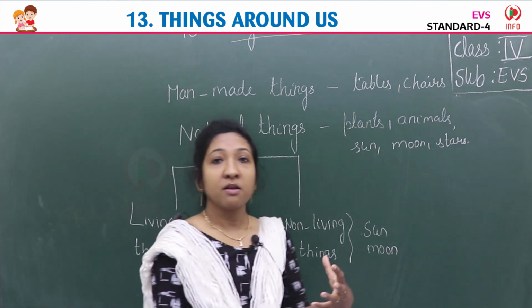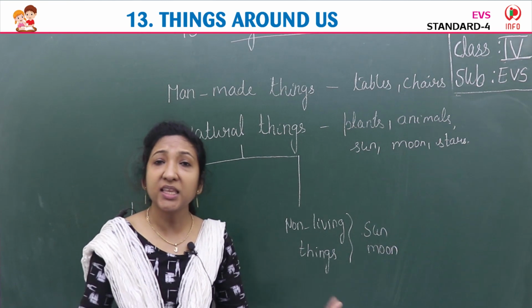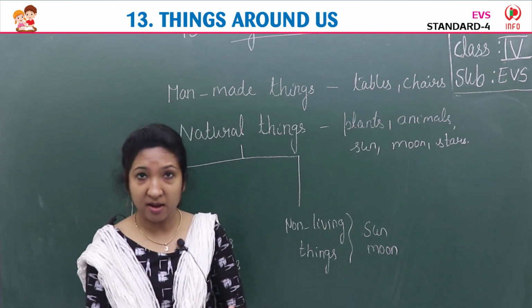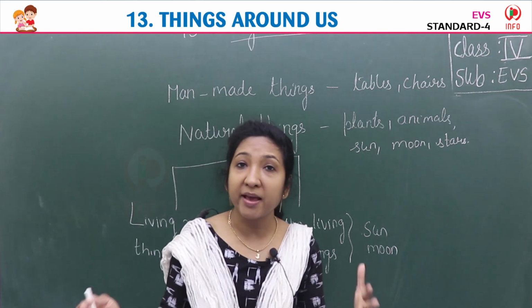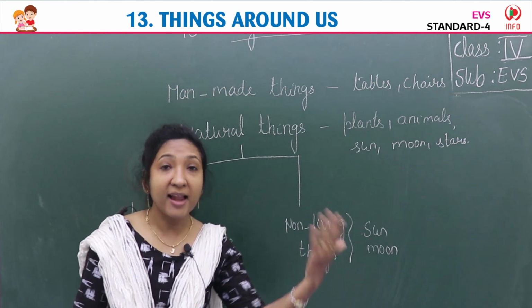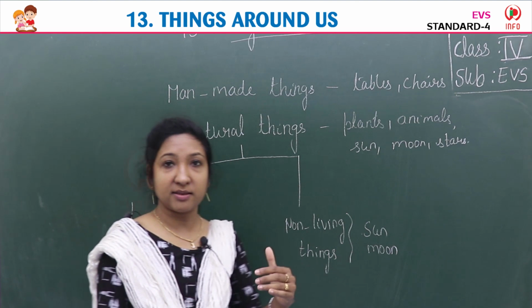So we are talking about the things around us. Among these things, some are made by man and some are not made by man. They exist in the nature itself. So we can classify them into two: man-made things and natural things.